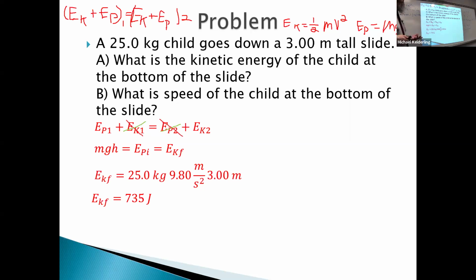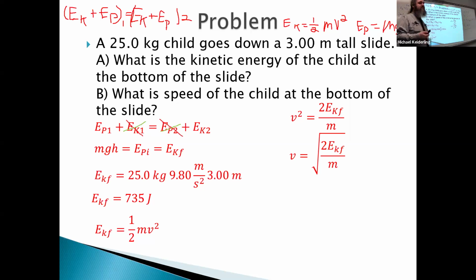We can now use that to figure out the speed. Kinetic energy is 1/2 mv squared. So velocity squared is 2 times kinetic energy over mass. So the velocity is going to be the square root of 2 times the kinetic energy over the mass.